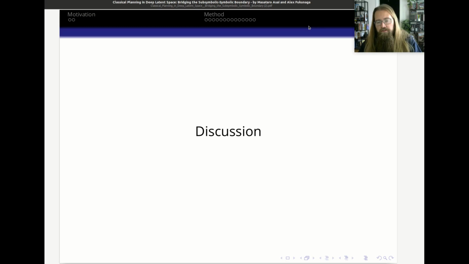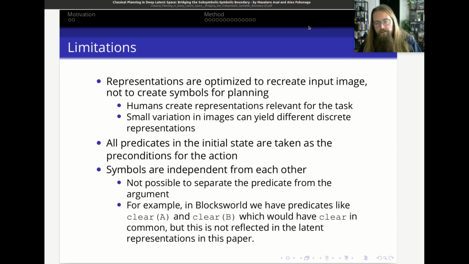And now for the discussion part. There are a few problems with this approach. The first one is that the symbolic representations they get are optimized to recreate the original image, but that is not necessarily the best representation to do planning.